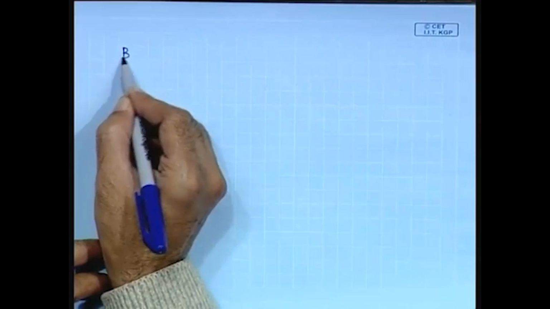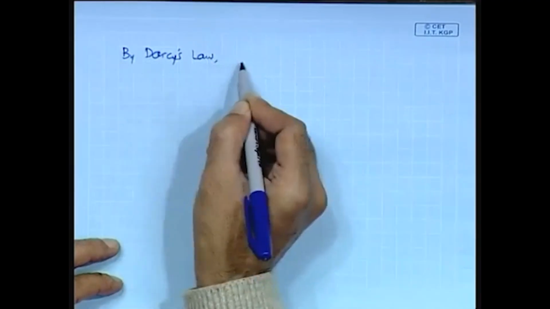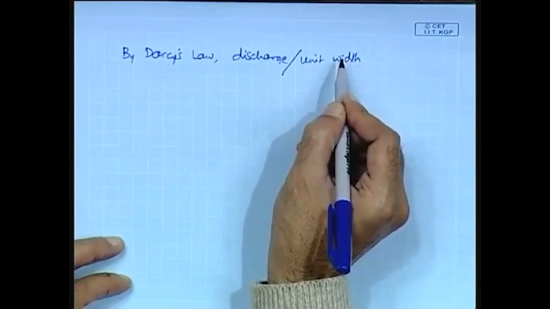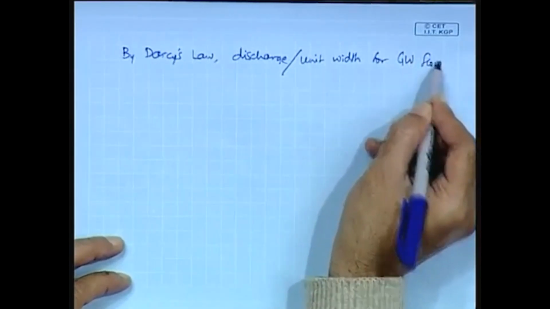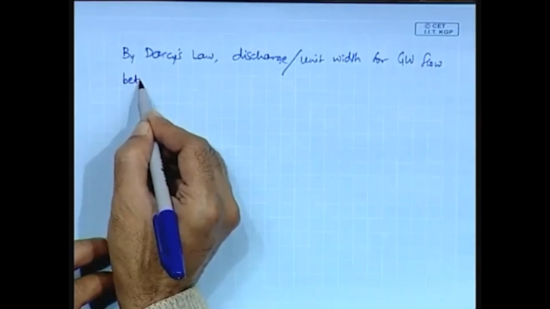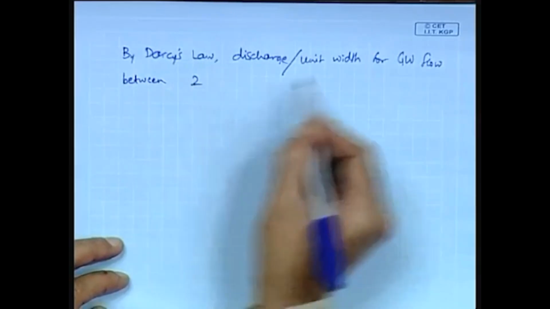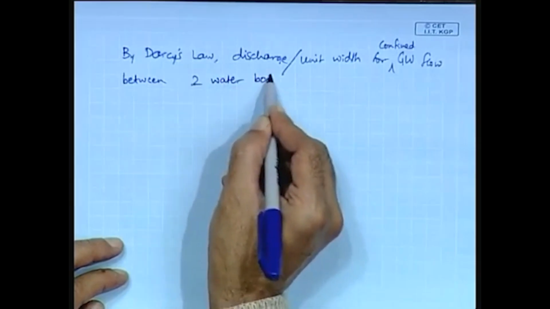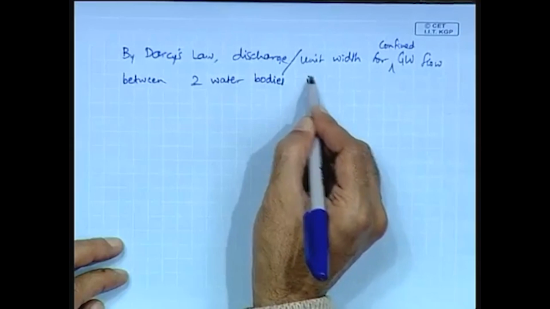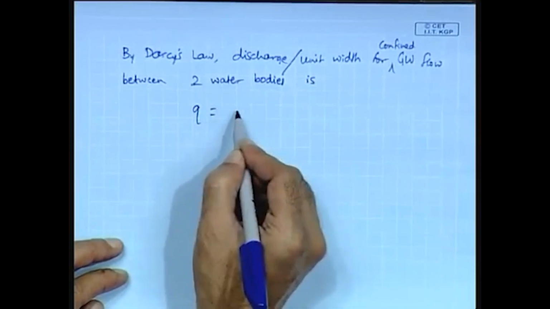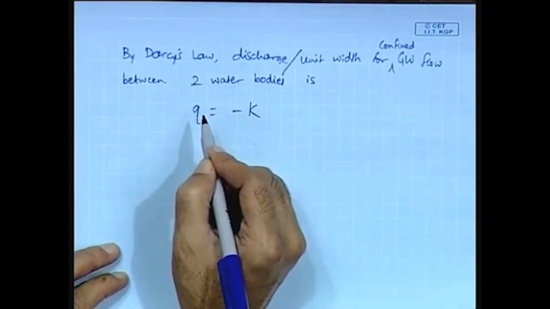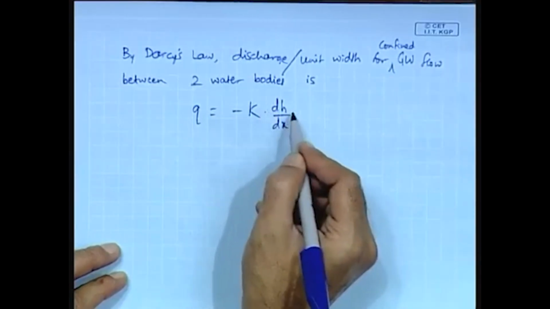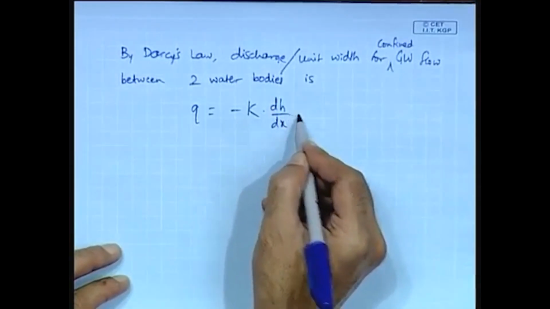So, by Darcy's law, discharge per unit width for the confined groundwater flow between two water bodies is given by Q is equal to minus the hydraulic conductivity K into dH by dx, where minus dH by dx is the hydraulic gradient, into the area, since this is unit width.